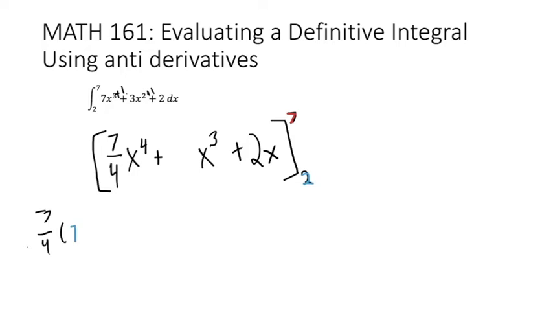So we have 7/4 times 7 to the 4th, plus 7 cubed, plus 2 times 7. Minus the same exact thing, but instead of plugging in the 7, we're going to be plugging in the lower bound, which is 2.